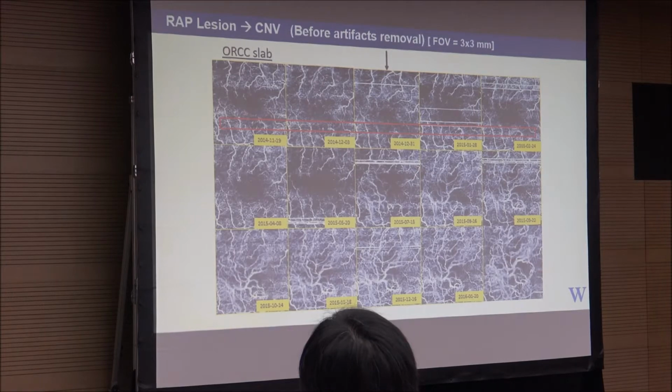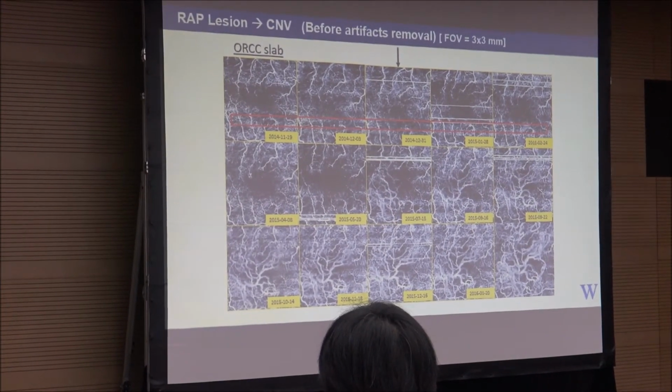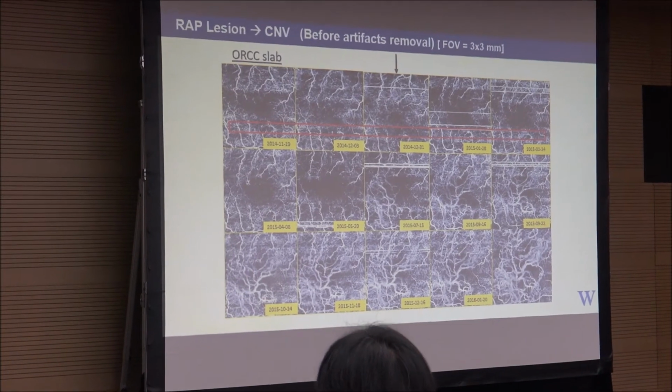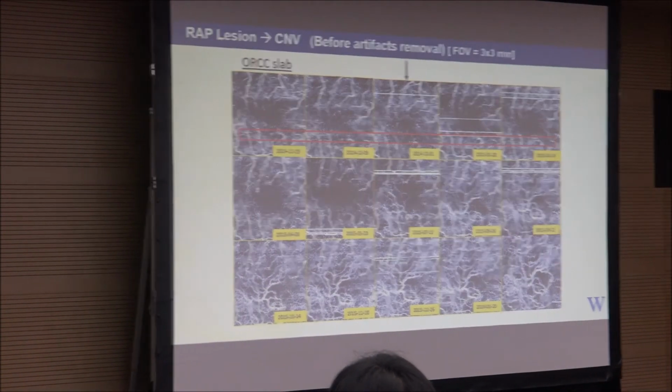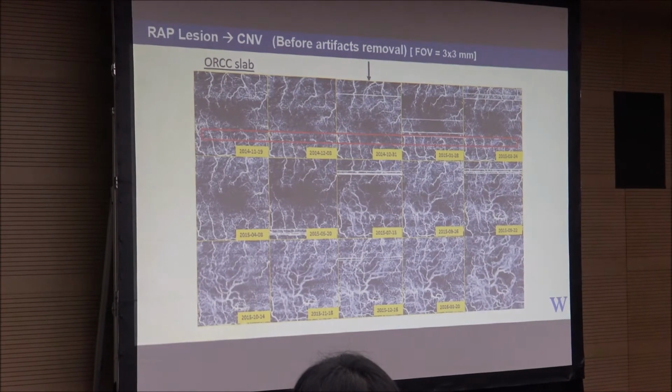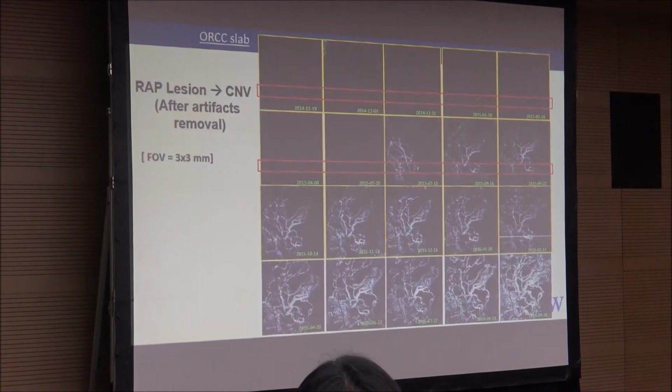This is the follow-up of the ORG layers at the different scan time points. And here, as you can see, the projection artifact is enormous. So if you want to look at the RAP lesion, that's almost impossible because of this projection artifact problem. If you now apply this projection artifact removal algorithm, you will have this information.